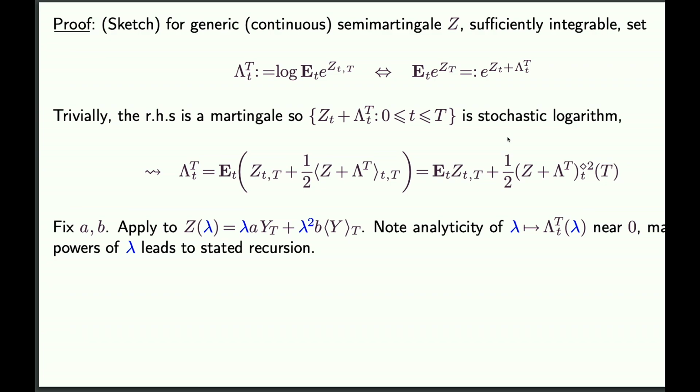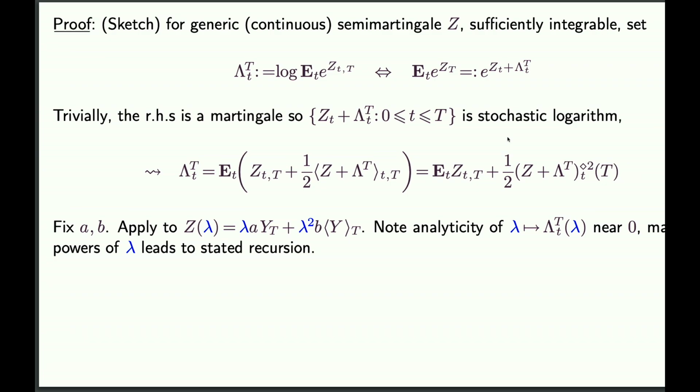And so this is clearly a martingale. So what you have here in the exponent is in general not a martingale, but you could look at what people call the stochastic logarithm, which amounts to taking this guy here, adding half its quadratic covariation, and that is a martingale, or at least a local martingale, known as the stochastic logarithm. And if you write out what the martingale condition for this object is, you find this here.